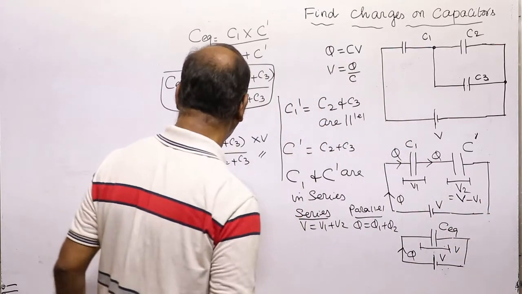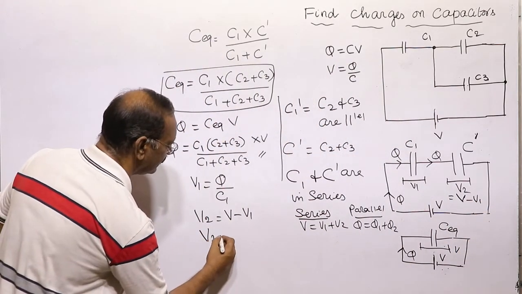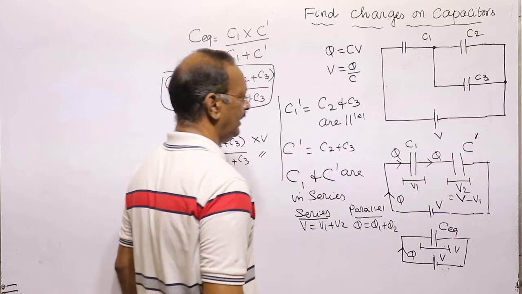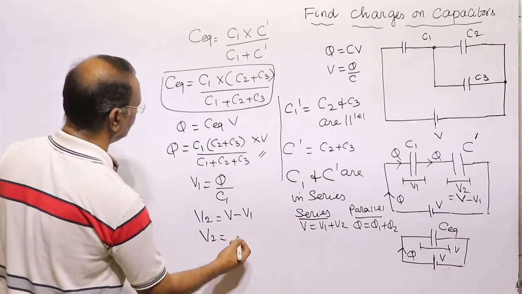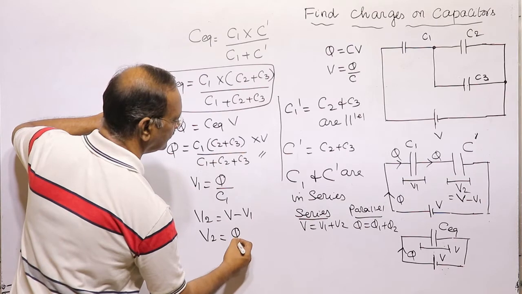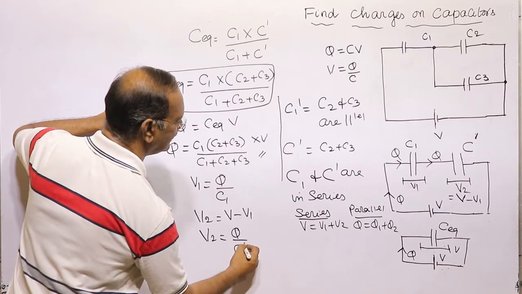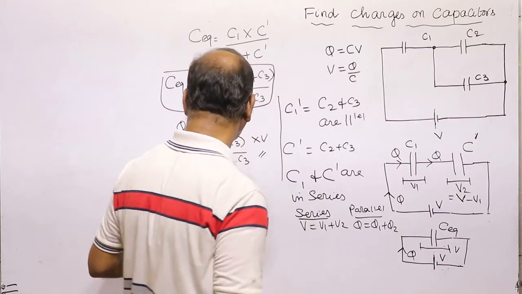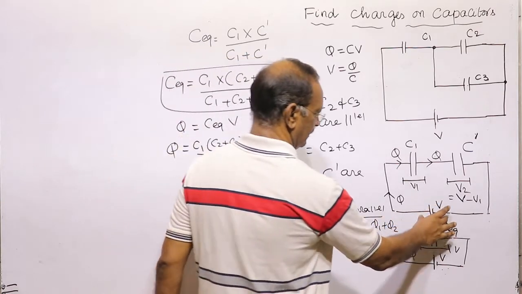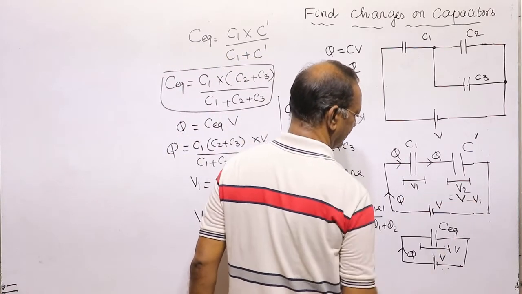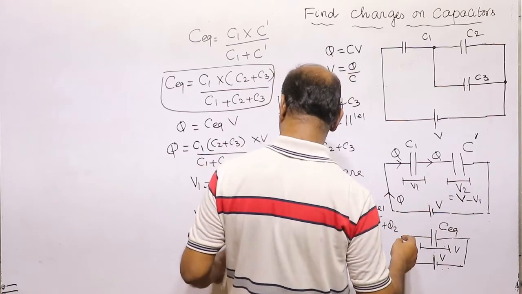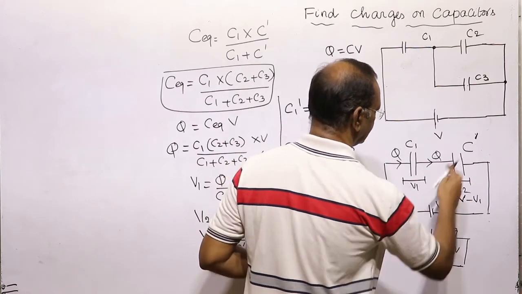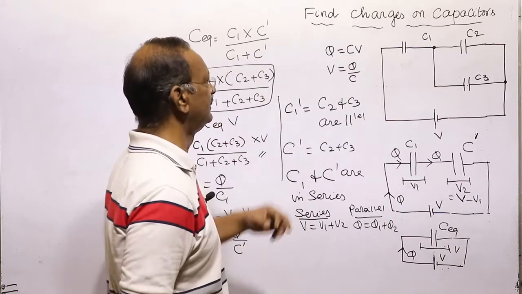Or V2 is equal to the charge flowing through the circuit divided by C dash. Both are the same equation: V2 is equal to the total voltage applied minus V1, or the charge flowing divided by this capacitor itself.